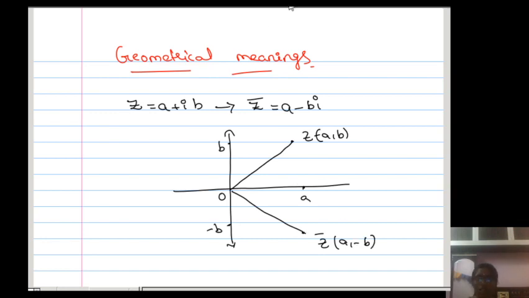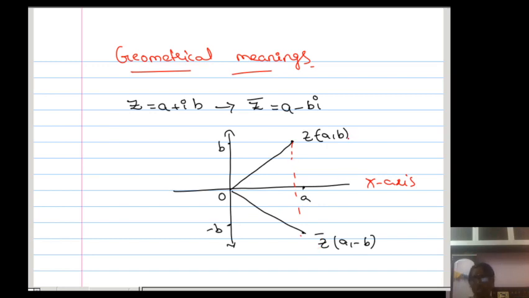So from this what you understand is that Z bar is the mirror image of Z through the x-axis. Reflection through the x-axis means the distance from here to here should be the same as from here to here. So geometrically I can conclude that Z bar is the mirror image of Z through the x-axis.